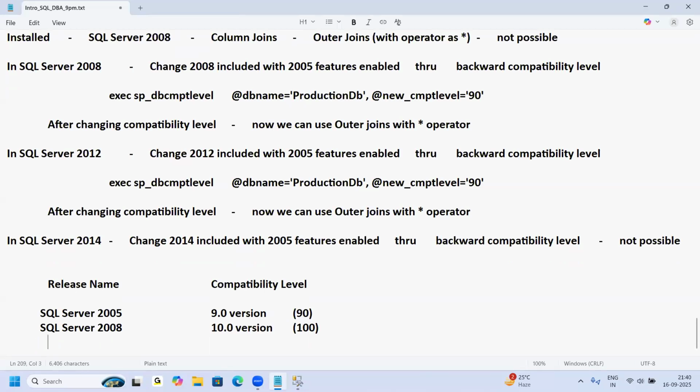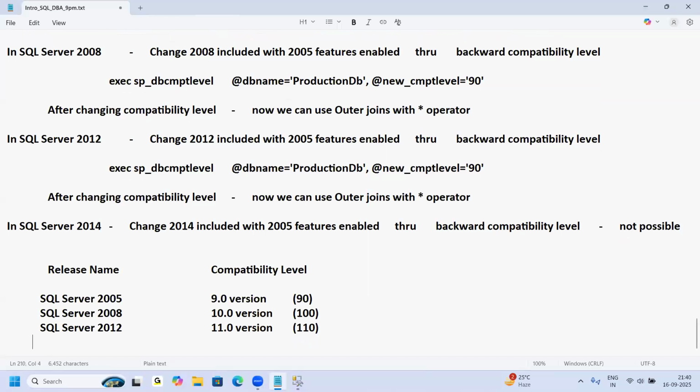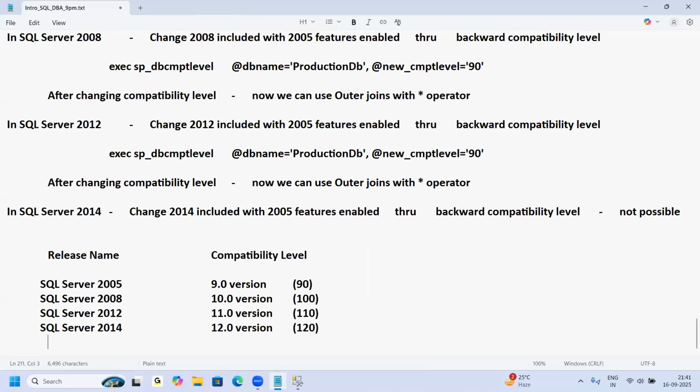SQL Server 2012 is version 11.0, called 110. SQL Server 2014 is version 12.0, considered 120.